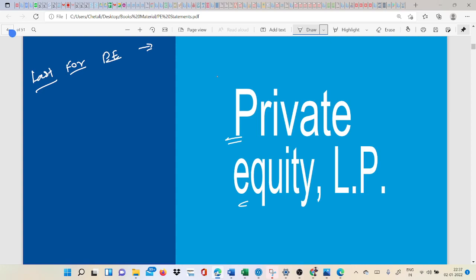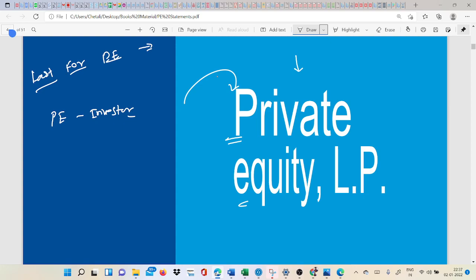But this is not from the investor side. This is from the private equity house, because we do the accounting for both the PE investor and the private equity house. So we should always know that we do the accounting for both, then it shouldn't be difficult to understand.